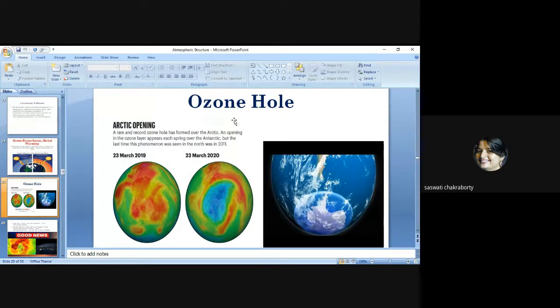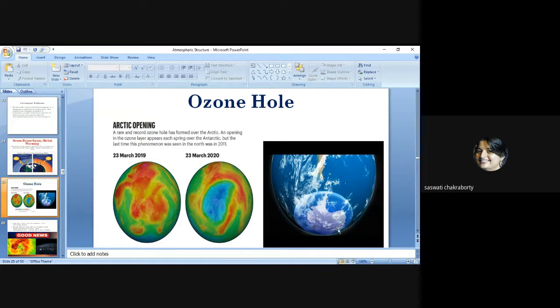Now, the use of certain chemicals such as chlorofluorocarbon, other fluorocarbons, and chlorobromocarbon causes depletion of the ozone layer, which has been observed in the Antarctic.